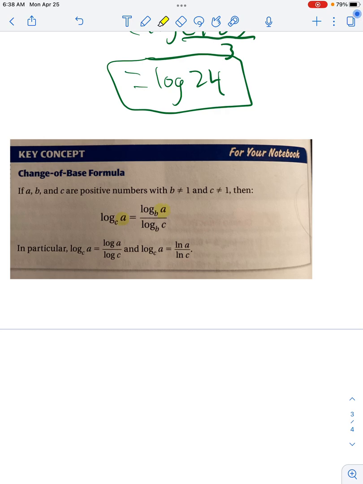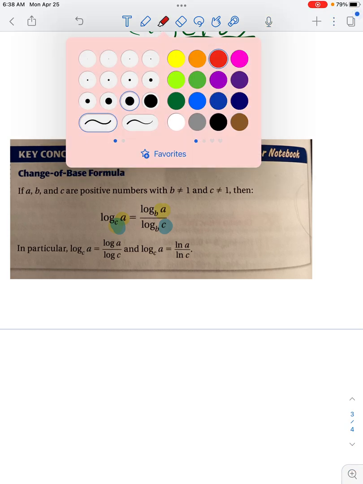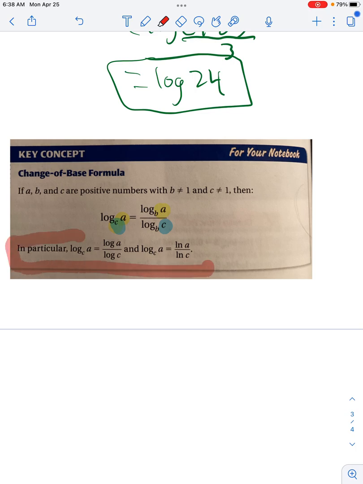Where you notice A goes here, C goes down here, and B is now the same base. And then notice the couple special cases down here.